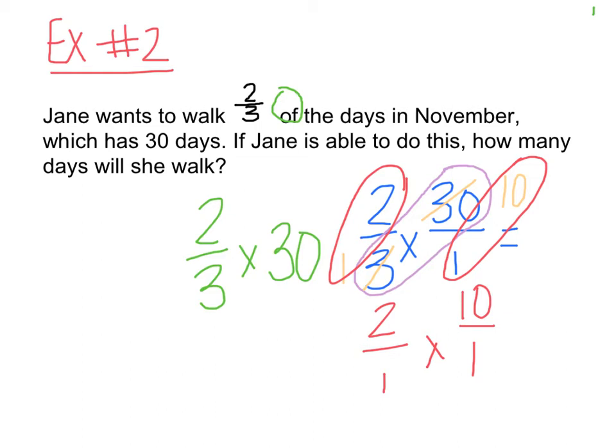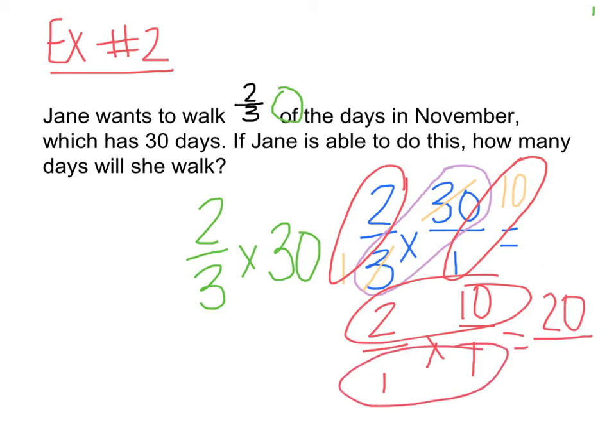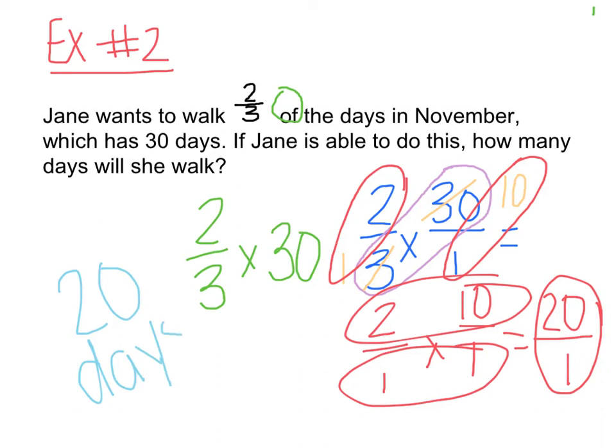And then I just multiply across. So 2 times 10 is 20, and 1 times 1 is 1. So we have 20 over 1, which anything over 1 is just that number. So the answer would be 20 days is how many days in November she would walk.